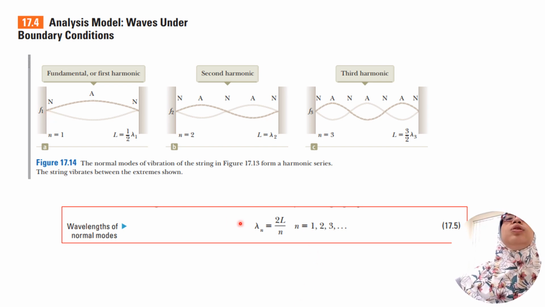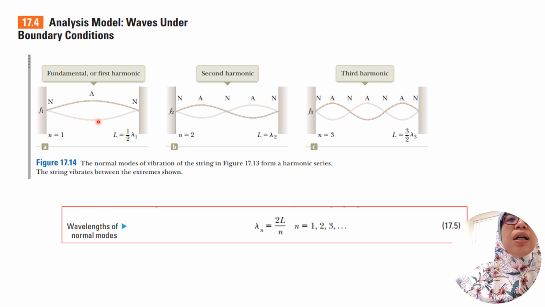Well done. So basically, if they ask you in this particular figure what the wavelength is, you can see here a wavelength should consist of something like this. The whole length is one wavelength, so for this picture it's half of the wavelength.